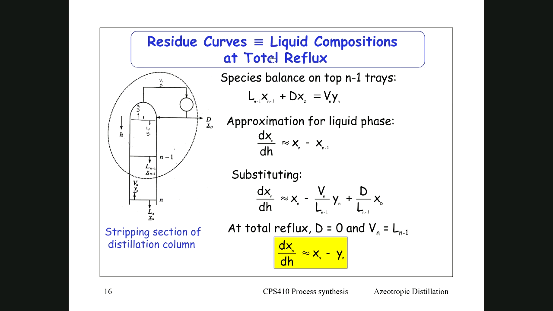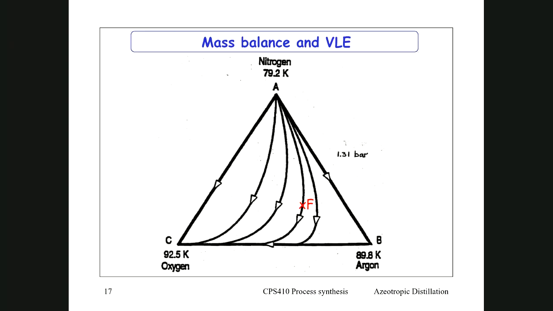So again, I don't want to go into derivations, but those vectors that represent the residue curves are simply a representation of the vapor-liquid equilibrium that we see. Okay, now we get to some interesting stuff.